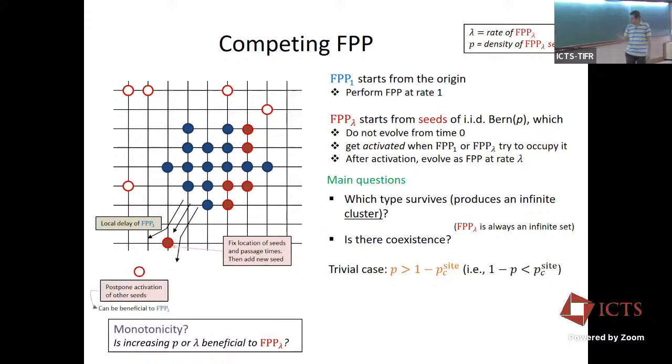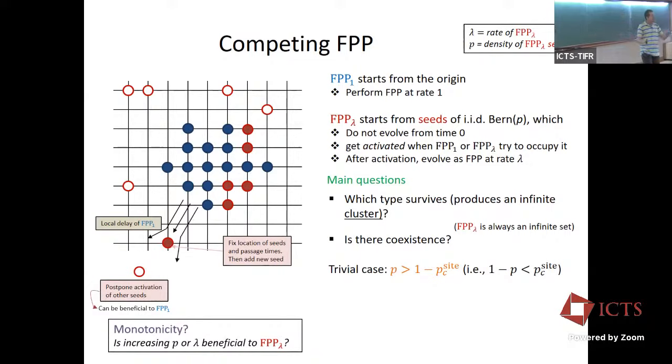But the issue is that because of the seed delay, further seeds that hang out along that direction maybe get activated later because of this delay that type 1 incurs here. They get activated later in the process with seeds. But this could be beneficial for type 1, because if it activates that seed later, by the time the seed is activated, maybe type 1 grew around here, and is in a better position to attack the growth of that seed.